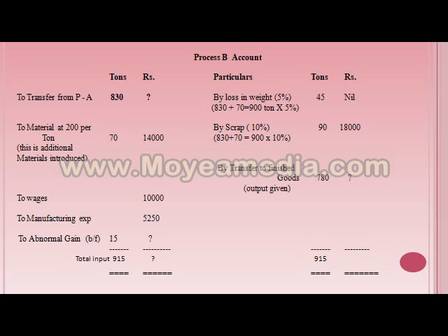So these are given in the sum. So far I've done only the posting. I'm yet to close process A first, then process B. You have to close process A first, then you go to process B. I hope that is clear.